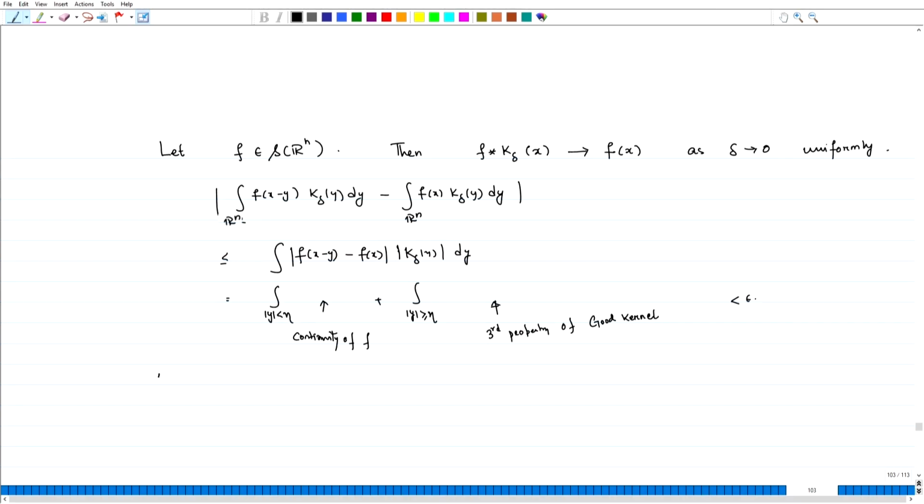So, as usual, the generic example one can take is K(x) equal to e to the power minus pi |x| squared, and if we define K_delta(x) equal to 1 over delta^n K(x/delta), then as you can see this is certainly non-negative, all this K_delta.